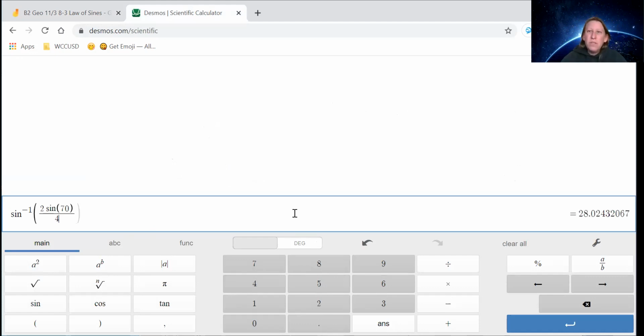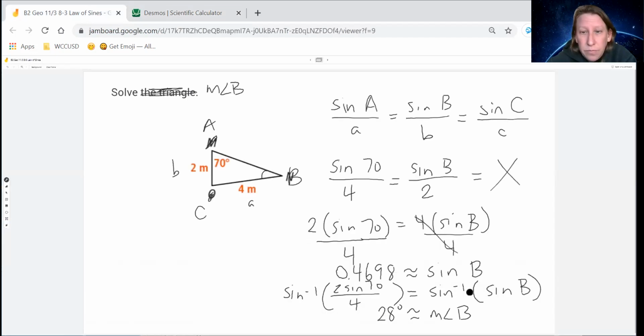That's going to give me the most exact answer because I'm not rounding anything until the very end. And that still gave me just about the same answer as the table. So that is how you find the measure of angle B. That's about 28.